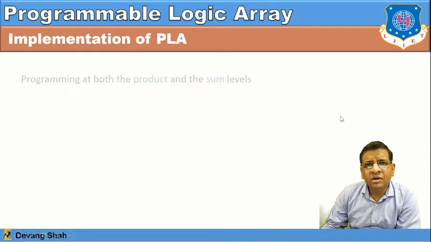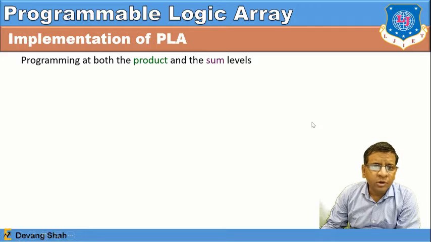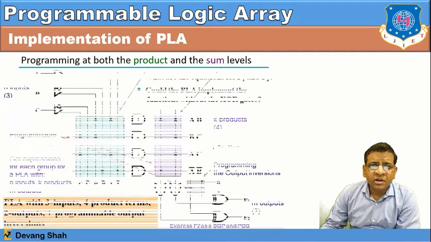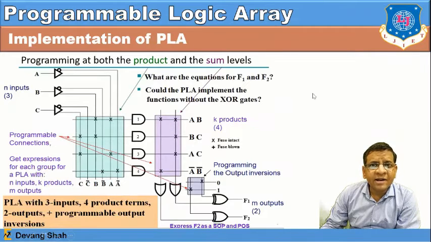Here, if you want to further program your Boolean functions, you can do the programming at both the product and sum level. That means you have programmable AND planes as well as programmable OR planes, right? So both the AND and OR gates are programmable to implement your Boolean function.